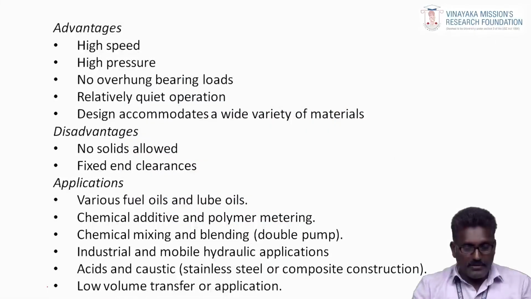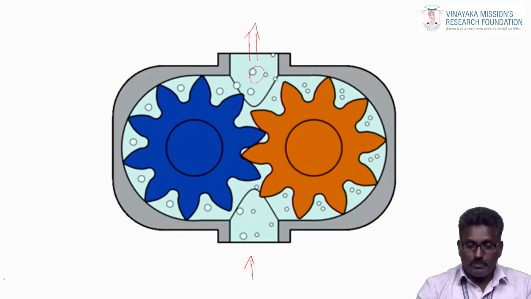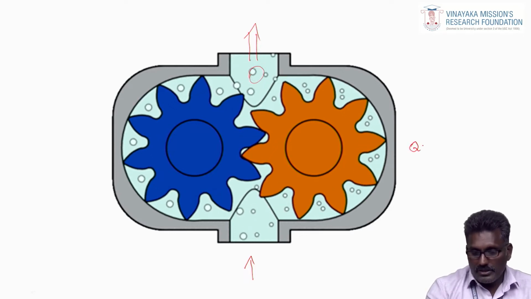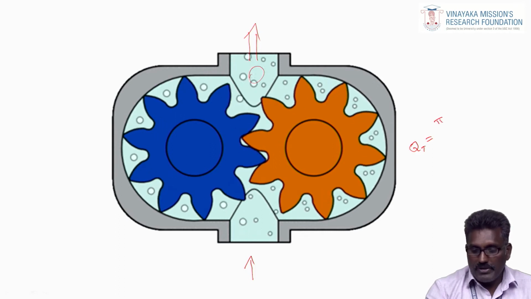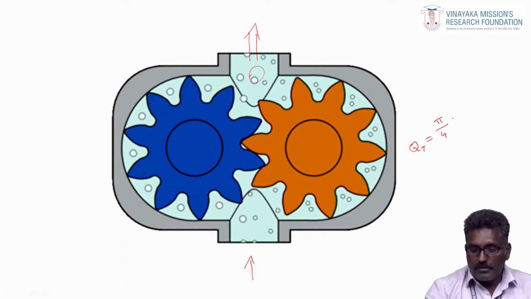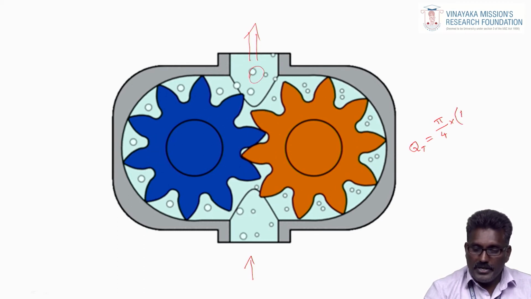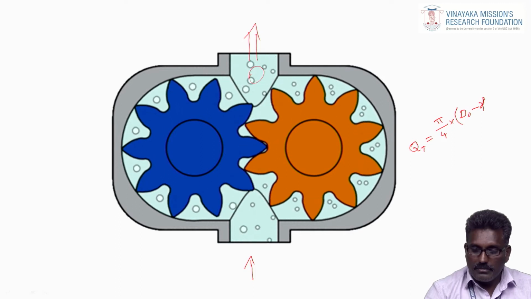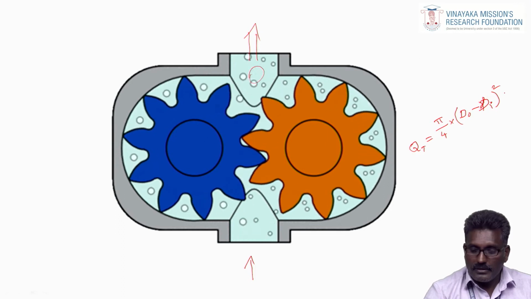Before going to the end, we discuss the theoretical discharge of this pump. The theoretical discharge is Qt equal to 5 by 4 into (dO minus di) whole square.